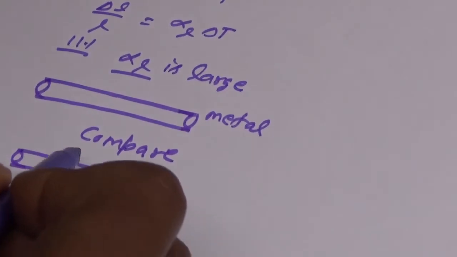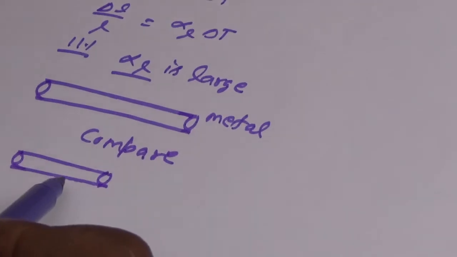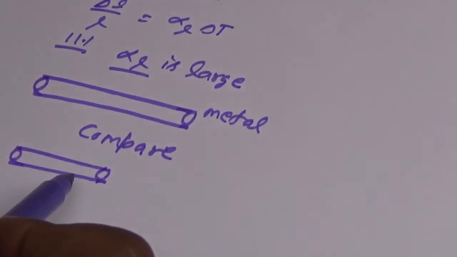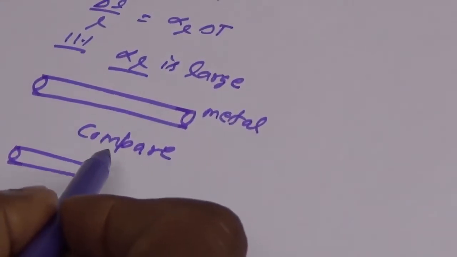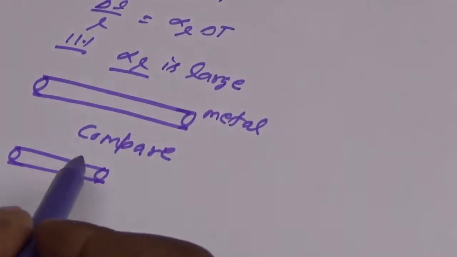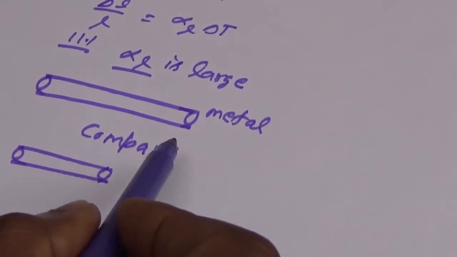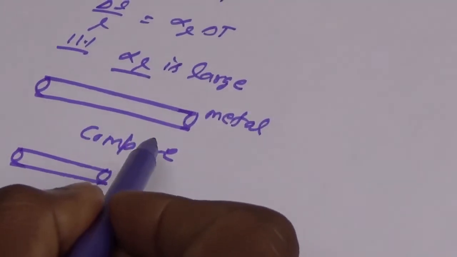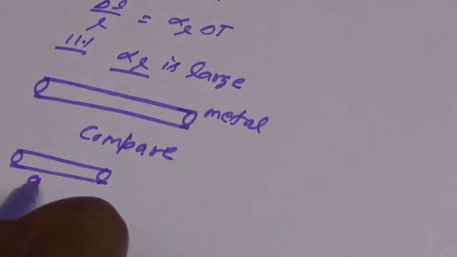Also, from table number 11.1, you can see the value of alpha L is large for metal and very small for glass. So here we have shown the small expansion in case of glass.